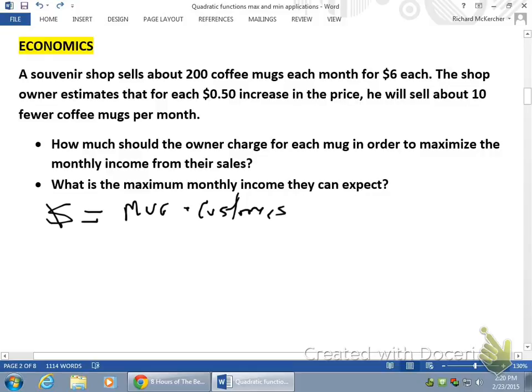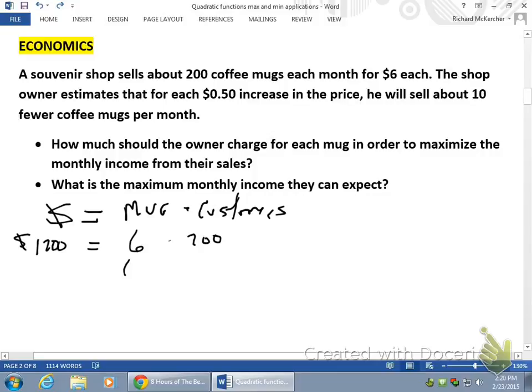Right now, the mug price is $6, and he's got 200 customers. So clearly right now he's making, what is that, $1,200? Okay, so that's kind of what it did. Now I can do this whole thing and just reason through it.